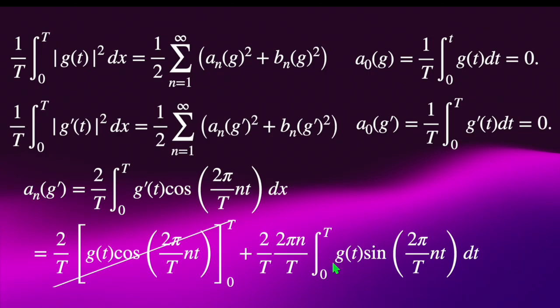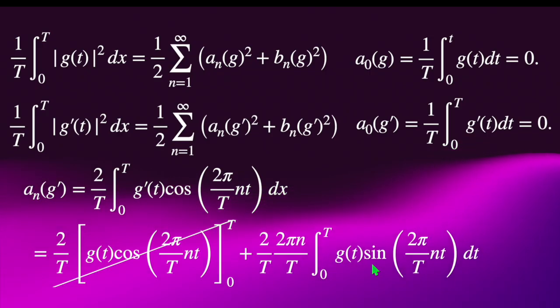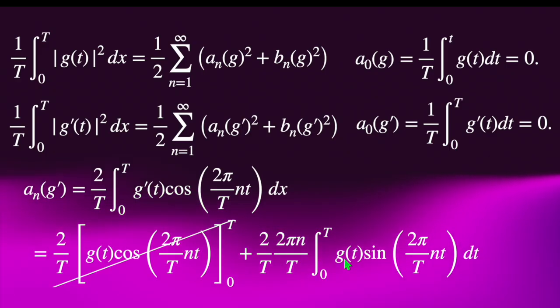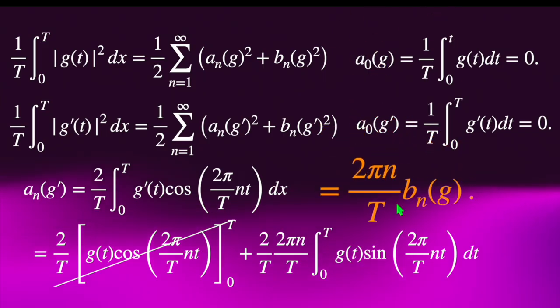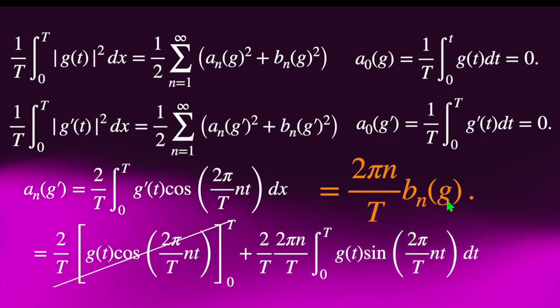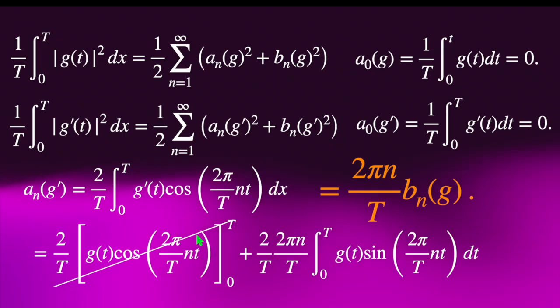Now we recognize here the b_n coefficient of g, and we have the relation that a_n(g') is equal to 2 pi n over T times b_n(g). We get the same result when we start with b_n; the only thing that changes is that we get a minus sign.